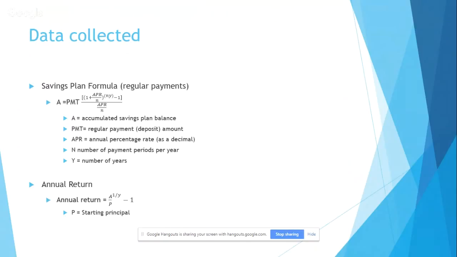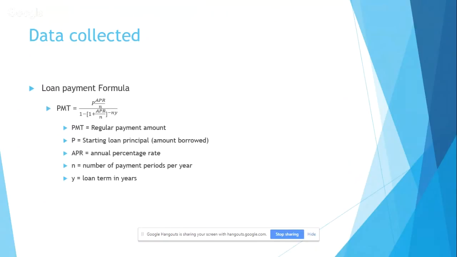Your annual return, that's kind of given. And a loan payment formula. I think that's one of the most helpful formulas I gathered, because it helps you see how much your payment is going to impact. Let's say you have a $10,000 debt and you only want to pay $100 a month. Maybe that's not enough, you know? Maybe your bank is just kind of messing you over.